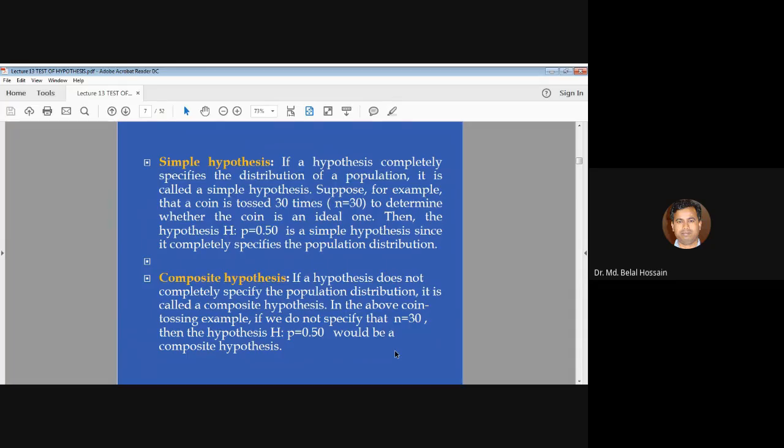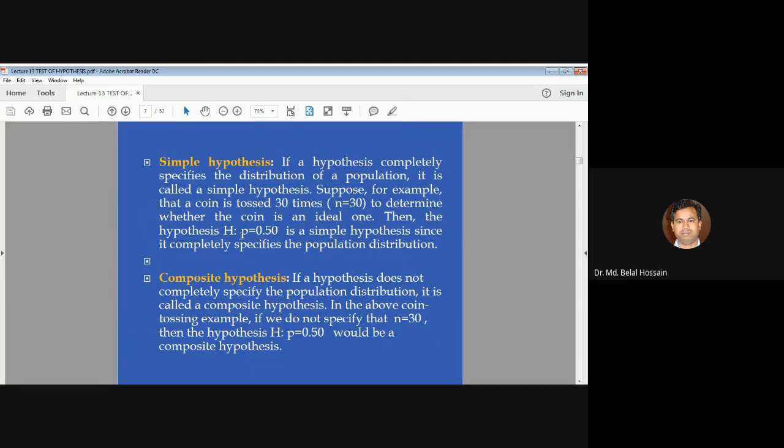A hypothesis is called a simple hypothesis when it completely specifies the distribution of a population. Suppose, for example, that a coin is tossed 30 times, n equals 30, to determine whether the coin is an ideal one.